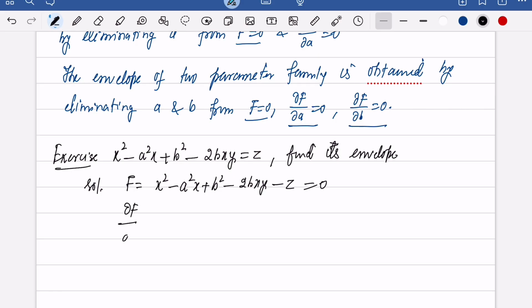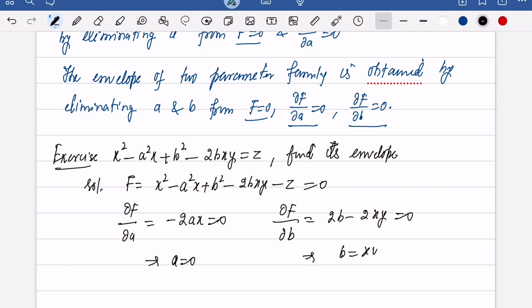Now del f by del a is equal to minus 2ax is equal to 0, and similarly del f by del b is equal to 2b minus 2xy is equal to 0. Therefore here we get a is equal to 0, and from here we get b is equal to xy.